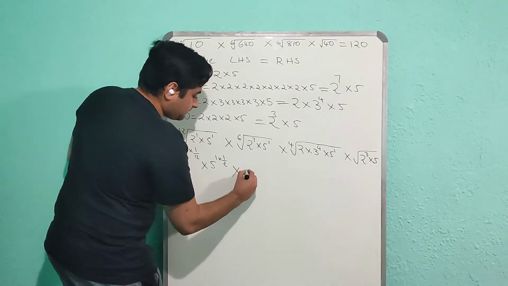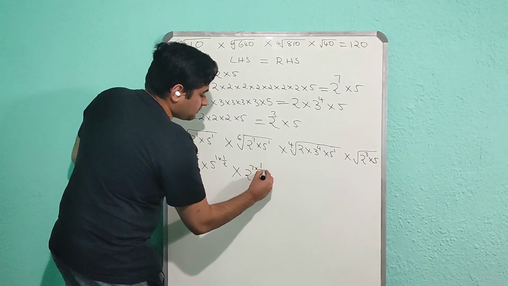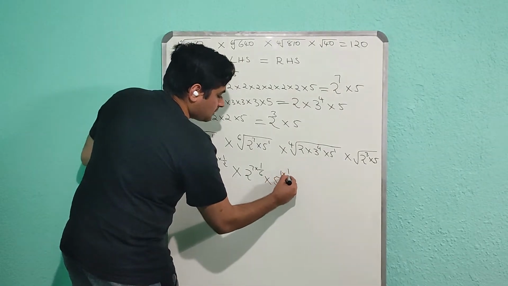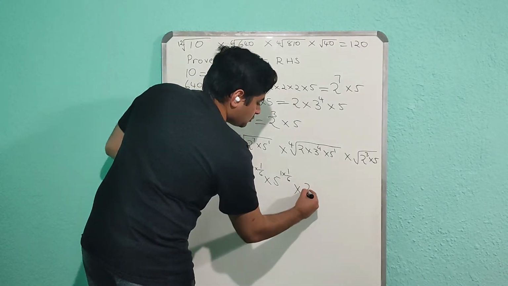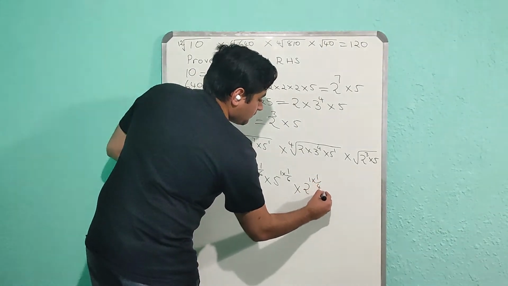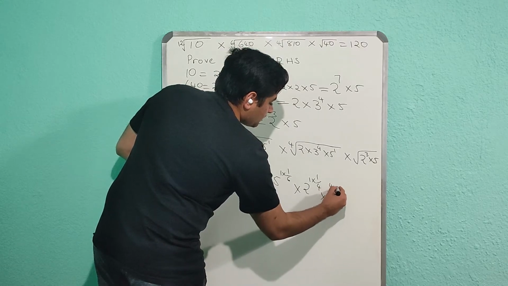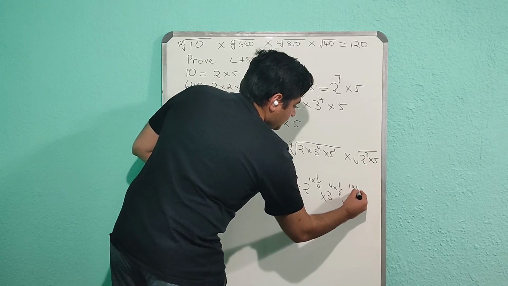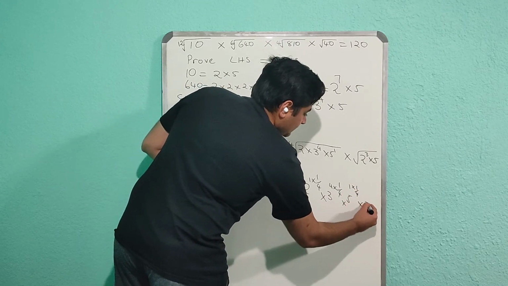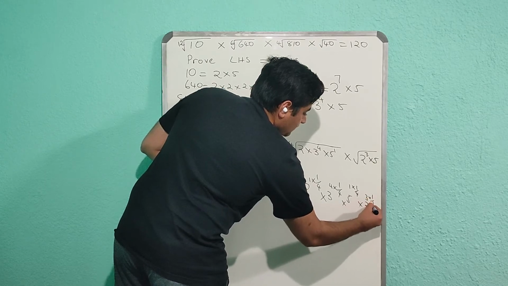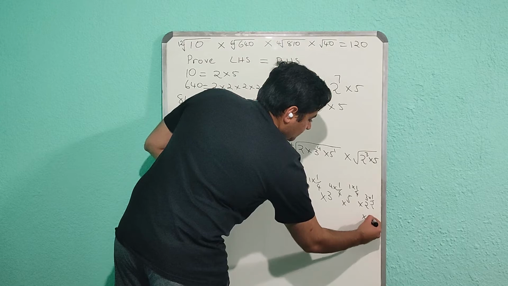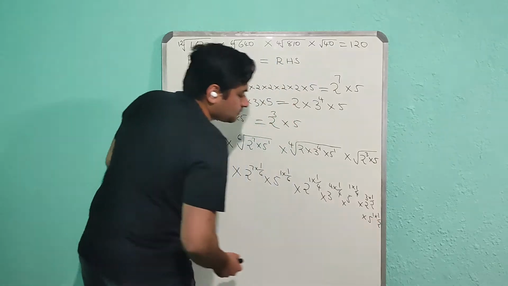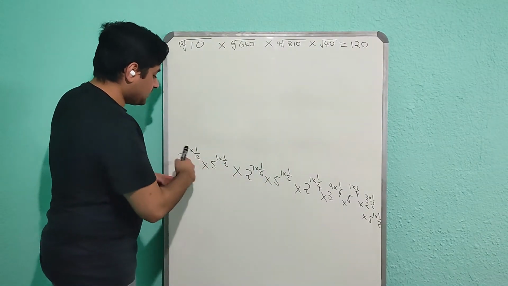Times 2 to the power 7 times 1 over 6 times 5 to the power 1 times 1 over 6 times 2 to the power 1 times 1 over 4 times 3 to the power 4 times 1 over 4 times 5 to the power 1 times 1 over 4, and finally 2 to the power of 3 times 1 over 2 times 5 to the power of 1 times 1 over 2.